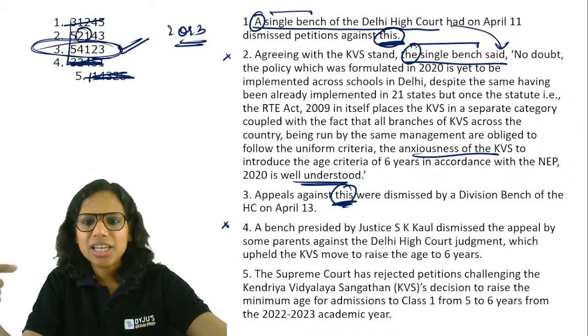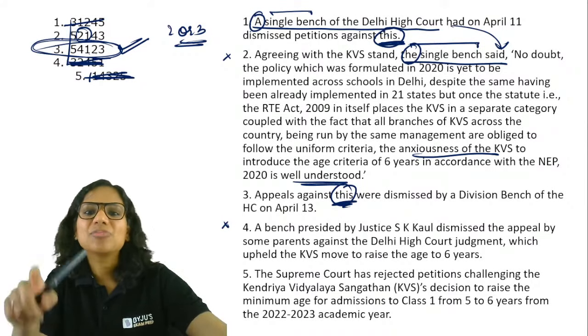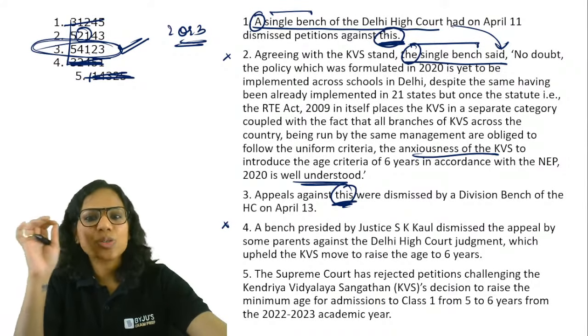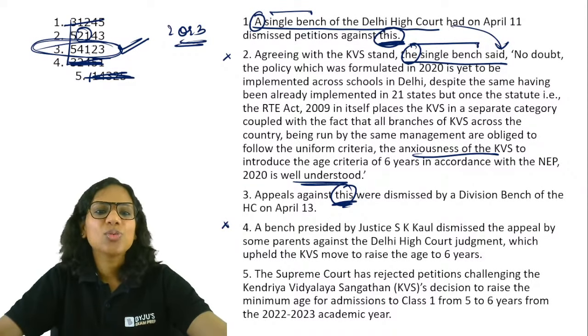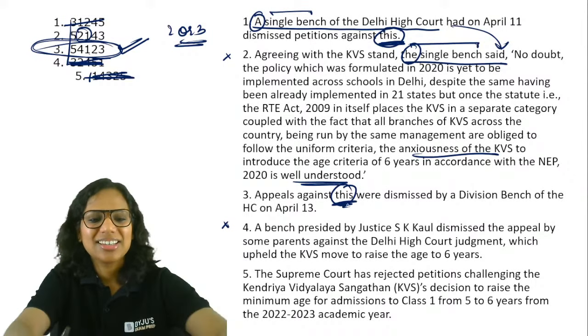So that's why there have been multiple appeals, and then you can make an appeal against the decision also. So multiple appeals have been made in this paragraph, and that's why this can result in confusion. That's why you stick to your goal, which is forming a sequence. Don't get lost in these multiple appeals. Right?